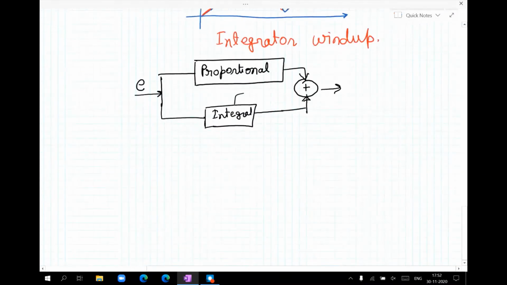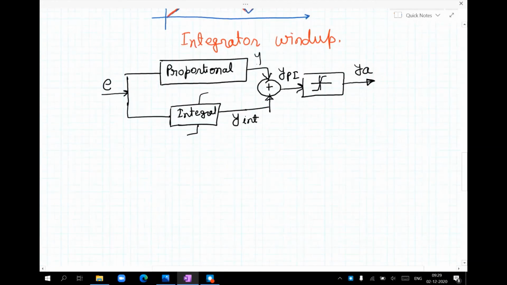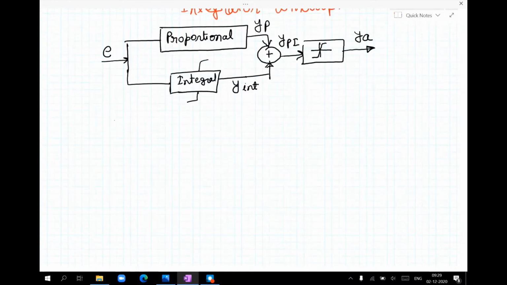So we put a limit on the integral part as well as a limit on the output of the total PI controller. Let us say this is YA and this is YPI, and this signal is YInt and this signal is YP. So to implement the integral part with the limit, we have to check the previous value of the integral output.